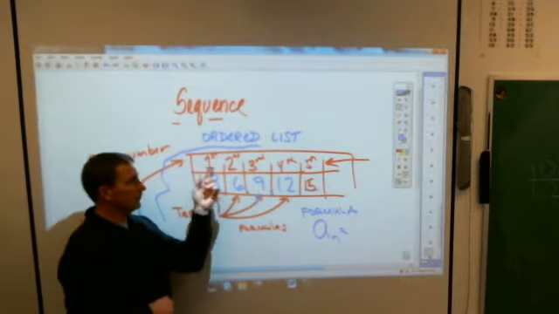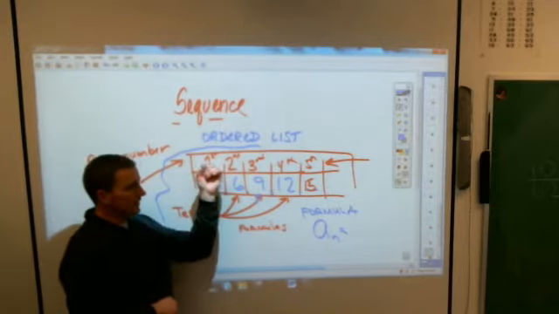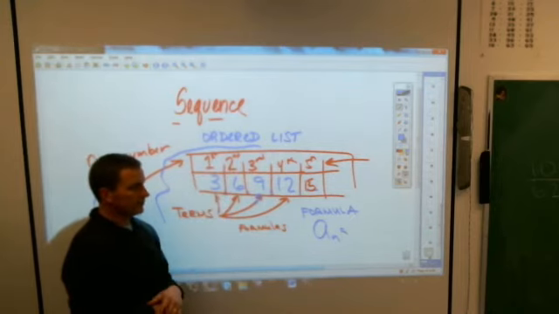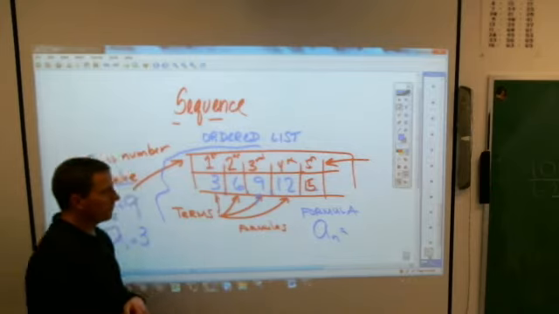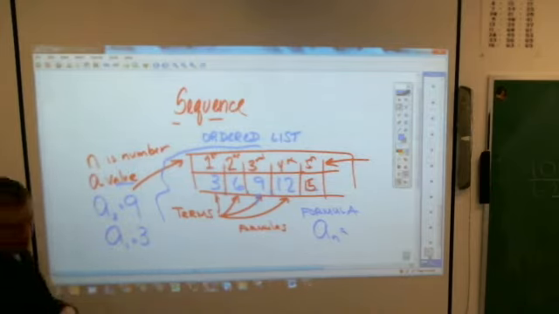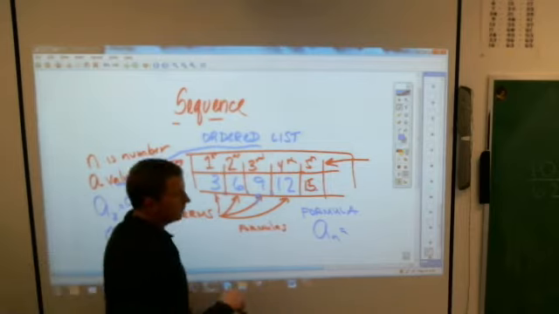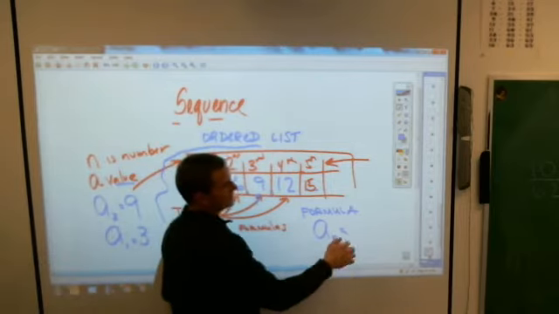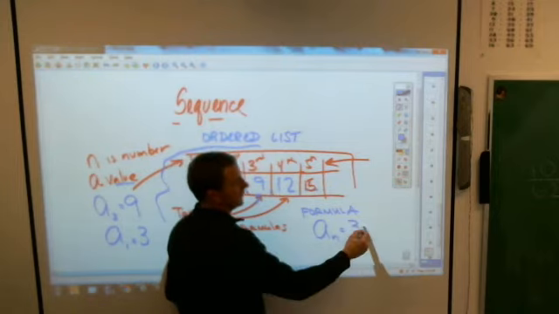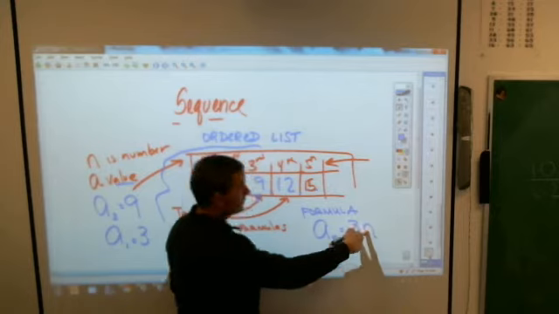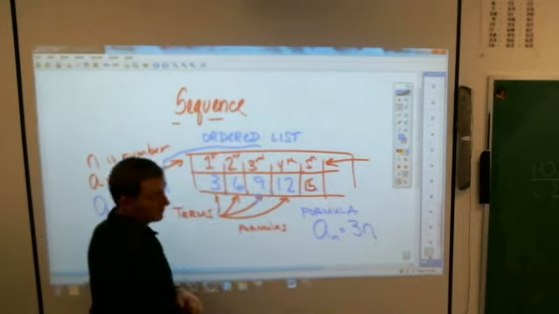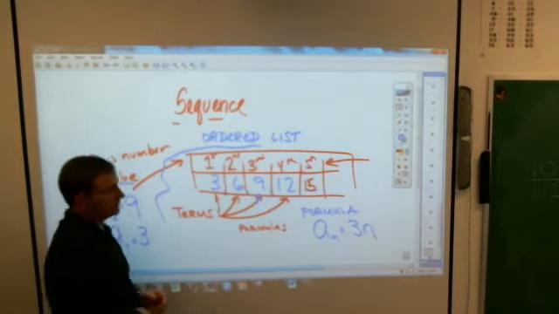If it's the first term I'm looking for, I do what to it? Or the second term. Wade Davis says multiply by 3. So A sub n is 3 times what? The letter n. Whatever my n was, I multiply by 3. Correct? Not so bad.